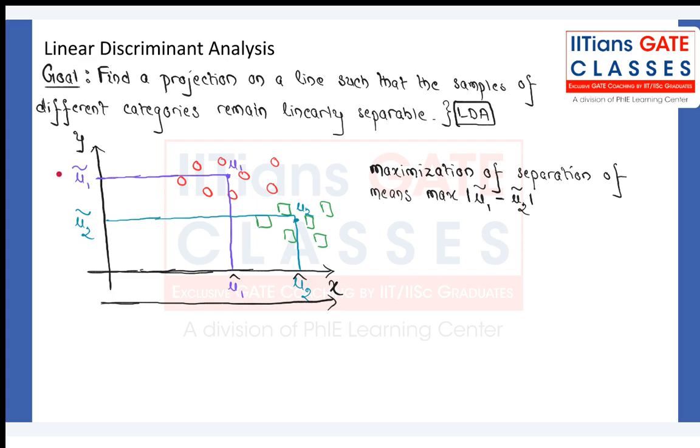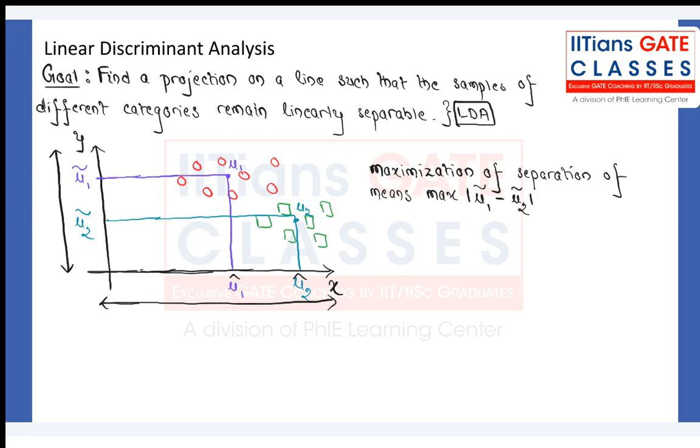Otherwise, I will have to project on the y-axis line. Now, if I ask you which of these two, projection along the x or along the y, is actually linearly separating the classes, I think it is fairly easy to say. If I project the points on the y-axis line, then I am able to linearly separate the classes. But if I project it on the x-axis line, then I am not able to separate.